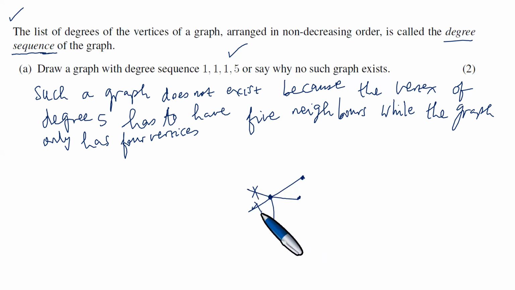Then there must be 5 incident edges, but there can't be 5 incident edges because this graph has only 4 vertices: 1, 2, 3, 4. These two are out. Okay, so that is the situation. All right, we continue and look at the next question.